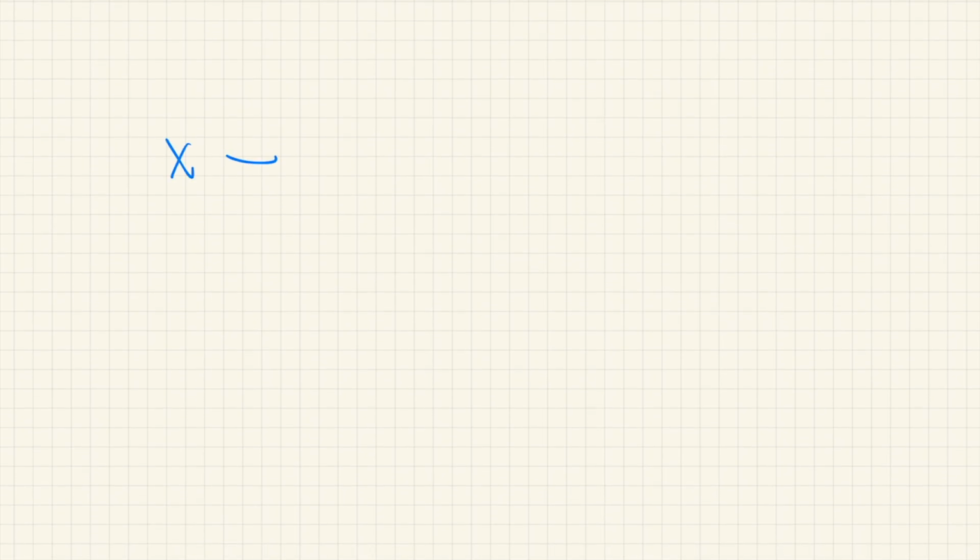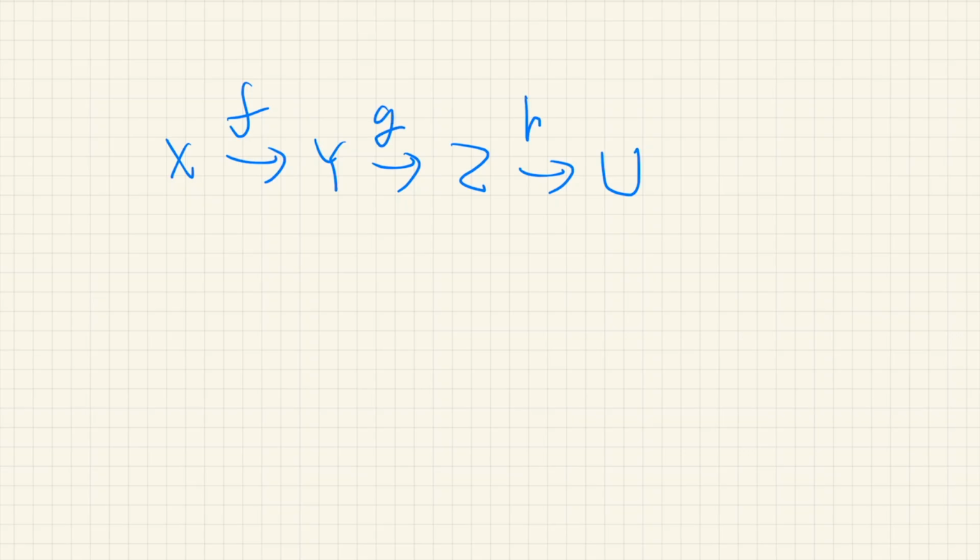Okay, now suppose we have 3 maps. Let's see, X to Y to Z to let's say U. So maps f, g, h. So 3 maps, f, g, h. For these 3 maps, we want to compose this.